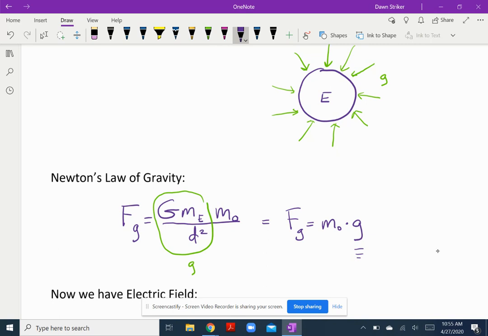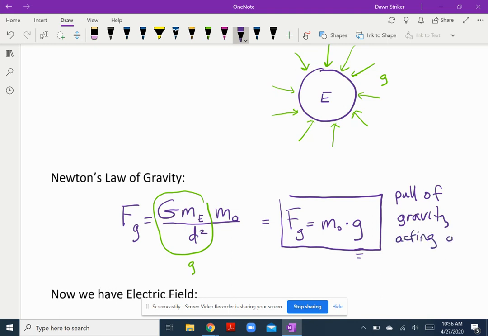And we oftentimes write this as the weight of an object, the pull of gravity acting on a mass, the mass of the object. Okay, that's an object's weight. Okay, so just a little review of gravity.